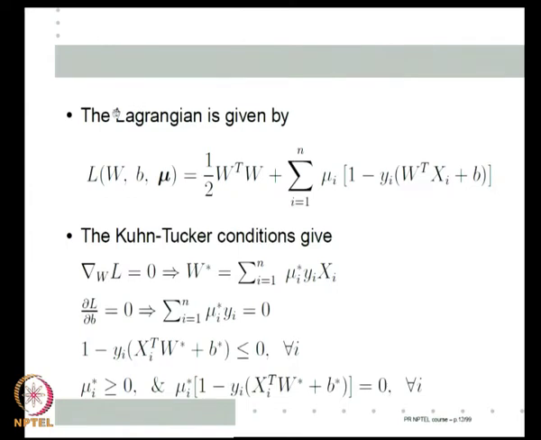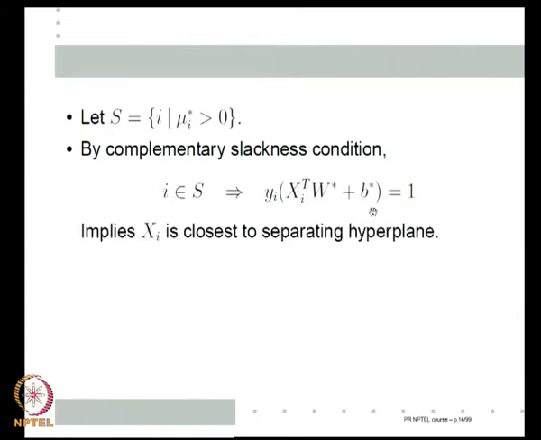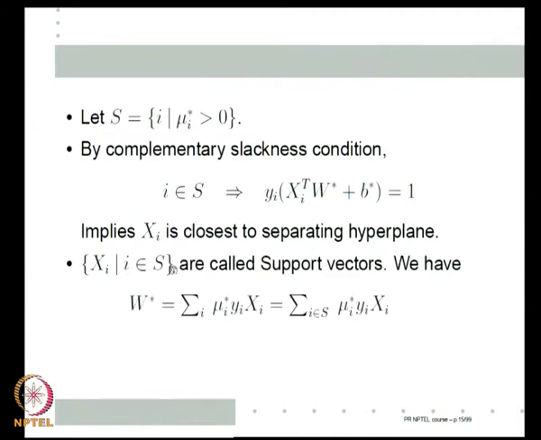So, if I think of S as the set of indices of all Lagrange multipliers which are strictly positive, then for all those I know this is satisfied, which means all the corresponding x i are closest to the separating hyperplane. We will call such x i, corresponding to positive Lagrange multipliers, support vectors.